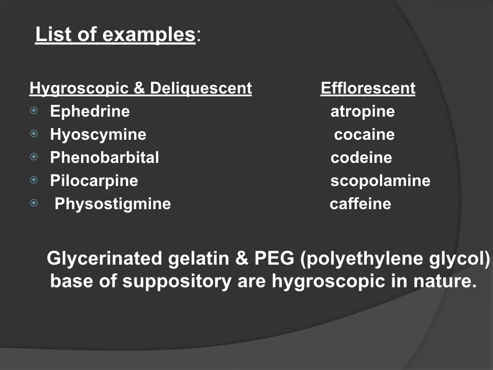More than 90% of the composition of the suppository is polyethylene glycol, or more than 90% is glycogelatin. So if the base is hygroscopic, the whole suppository is hygroscopic. So how to avoid that? We'll also learn how to protect the suppository from absorbing moisture from the atmosphere and becoming sticky.